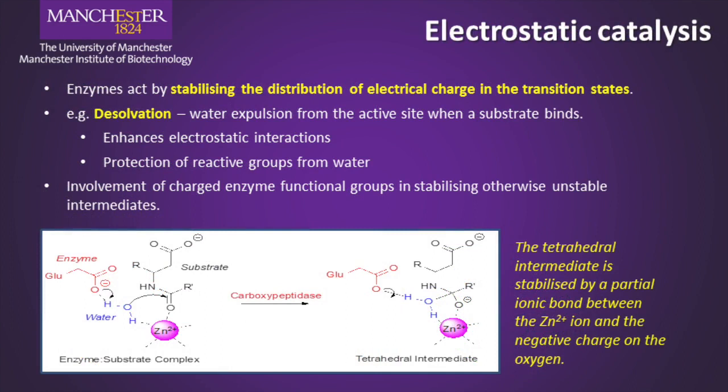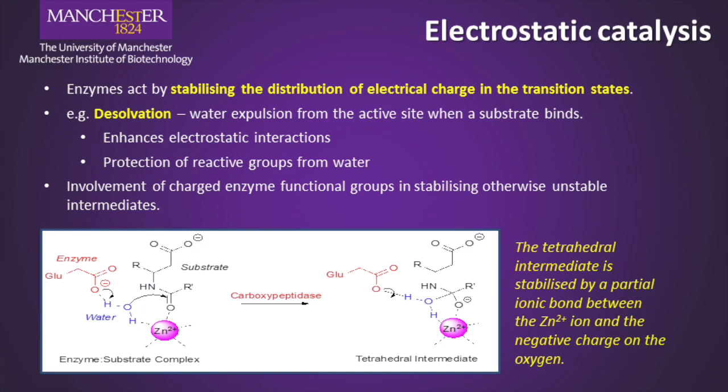Electrostatic catalysis is a key way in which enzymes can effect catalysis by stabilizing electrical charge that might develop in the transition state as we transition from the reactant side to the product side of the barrier.